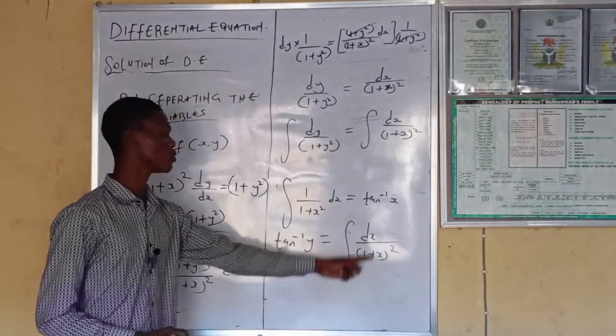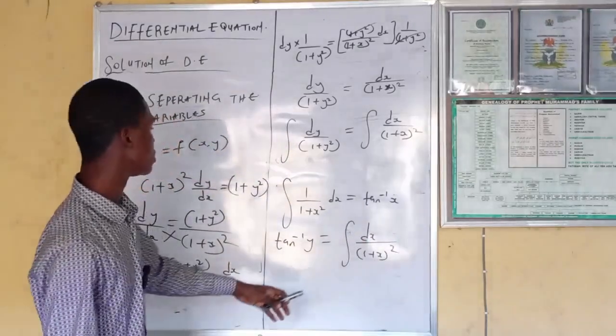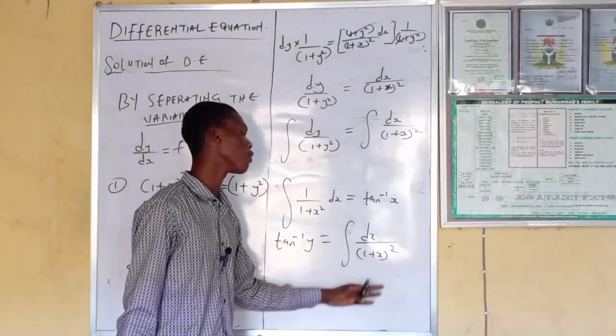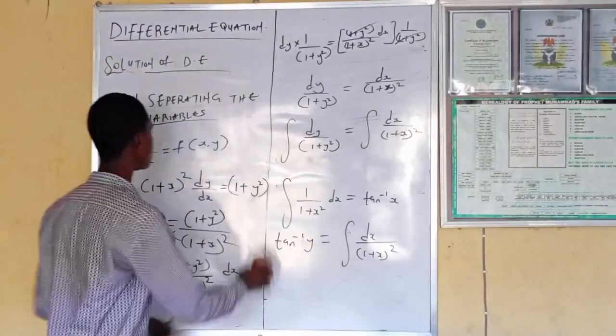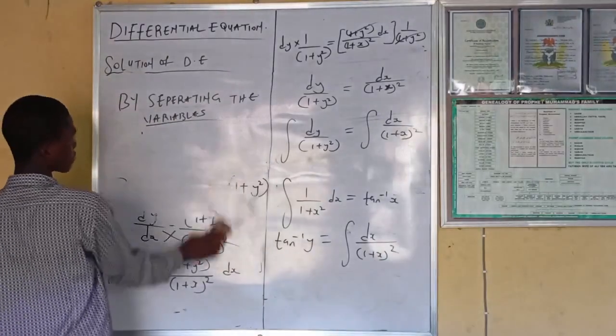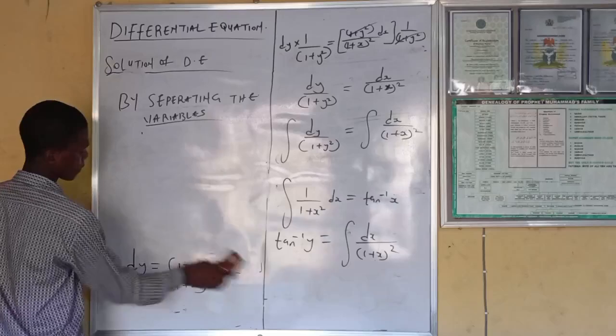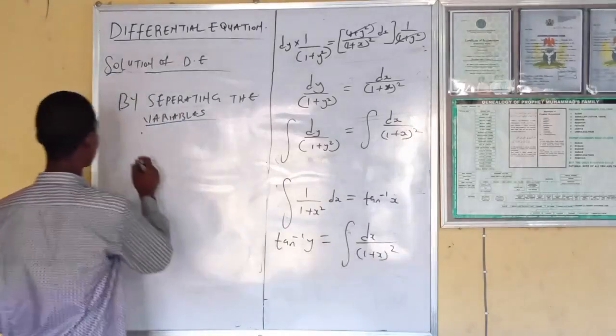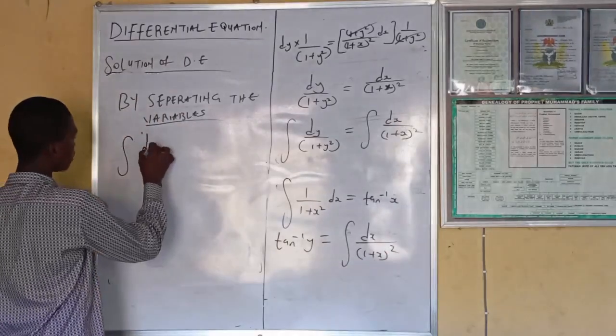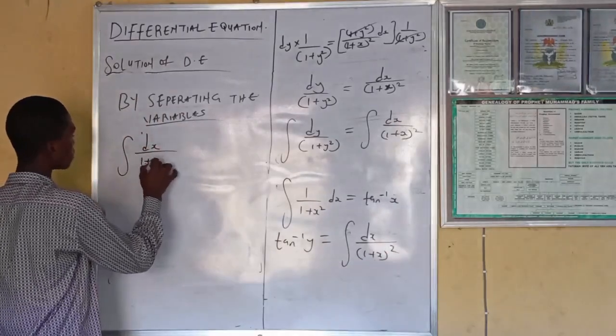And how do we solve this? Applying the understanding of differentiation by integrating this. Consider the right hand side, the integral of dx divided by 1 plus x squared.